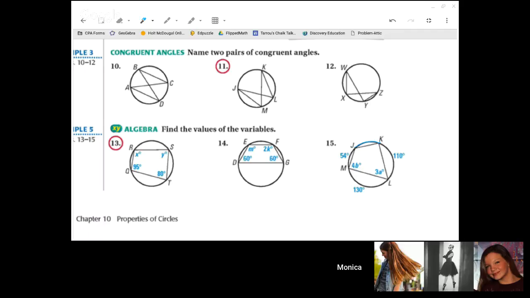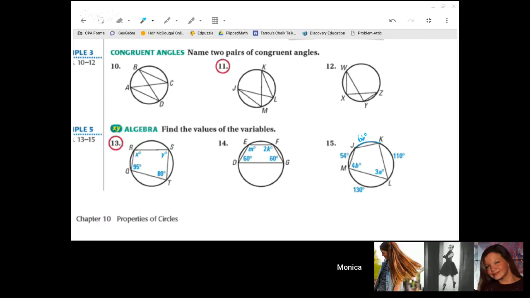Do you see how to figure it out, Abby? Yeah, that's right. So arc JK is 66 degrees, okay?